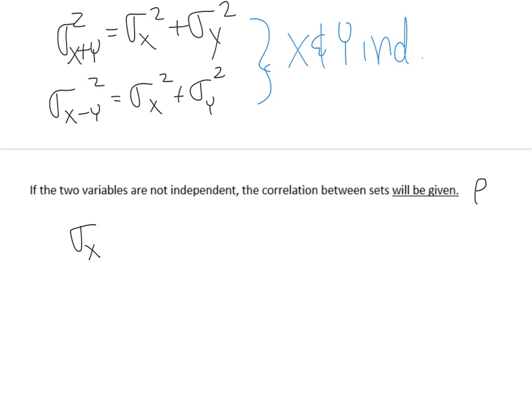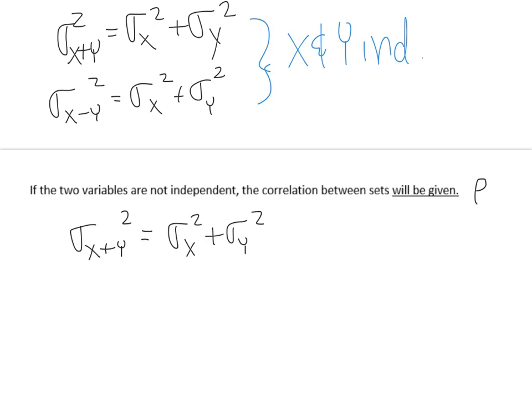So if you are looking at the variance of x plus y, when the two values are not independent and there is an association between them, it's going to start out the same, variance of x plus the variance of y.